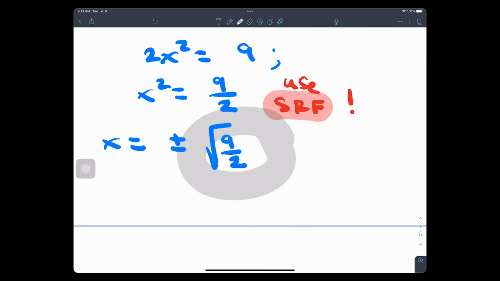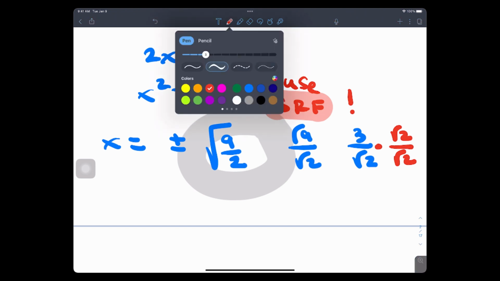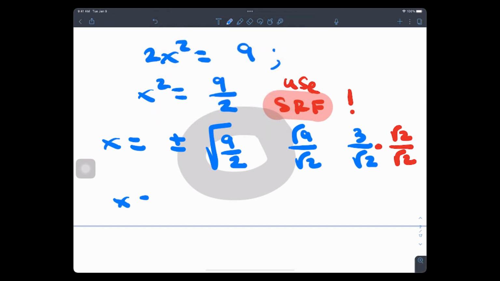We've got to simplify this by properties of radicals. Do you guys remember what we did with that? We did this kind of algebra before. We rationalize the denominator. And so now that means x is plus or minus 3 square root of 2 over 2.